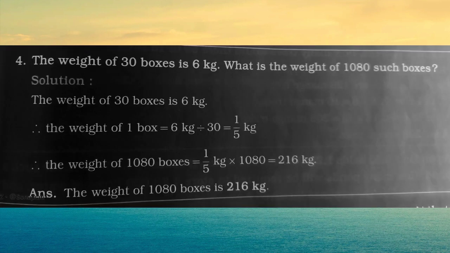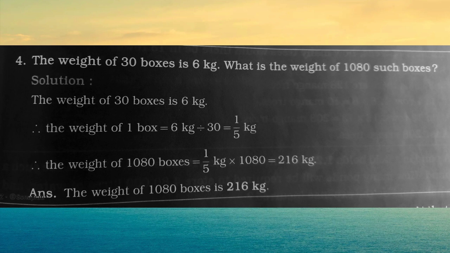The weight of 30 boxes is 6 kg, means 6 kilogram. What is the weight of 1080 such boxes? For that, first we should know the weight of one box. To find out the weight of one box, what we'll do here? We will divide 6 kg by 30.